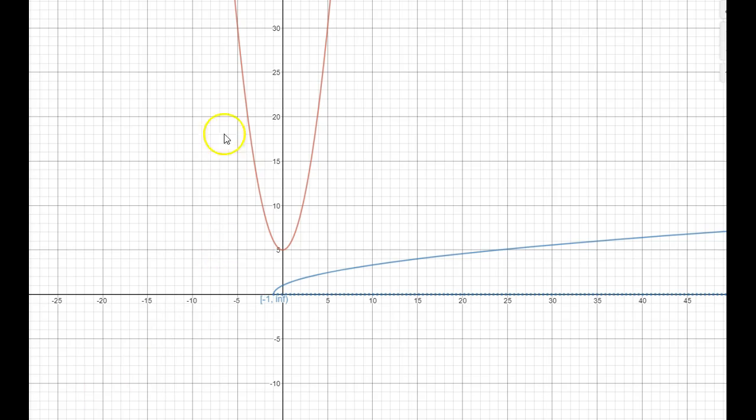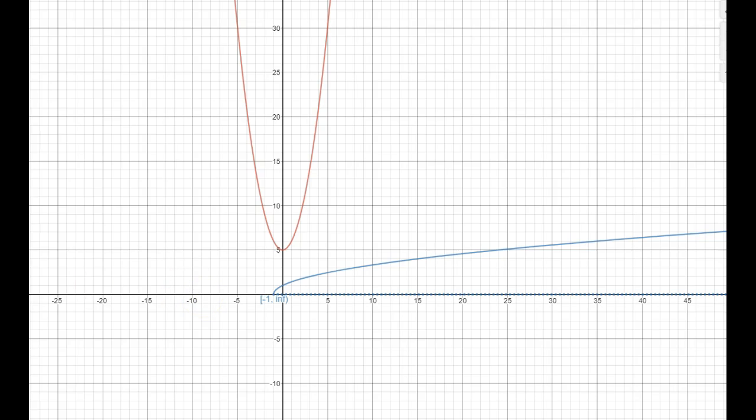So let's look at this graphically. Here's f of x, here's g of x, and we know that the domain of f of x is all real numbers, so any value of x along the x-axis here. But the domain of g of x starts at x equals minus 1 and then goes on to positive infinity. So I can't put anything to the left of minus 1 into g of x, which means I can't put anything to the left of minus 1 into f plus g.